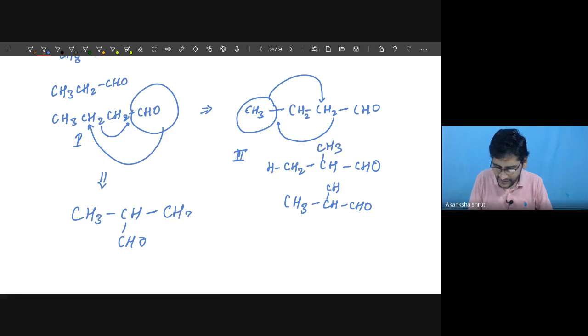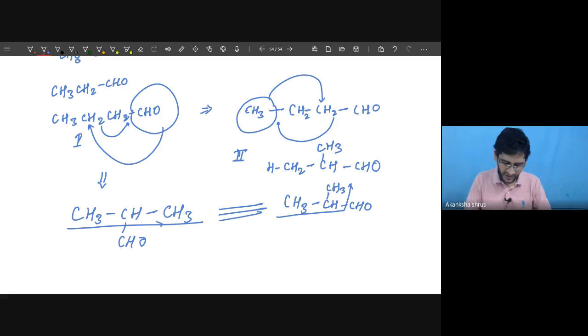So it becomes again CH3. Here we are getting the straight chain, like this one, the same thing. Just a turn is nothing but the same carbon chain. So these two are identical. Getting it now? These two are the same.